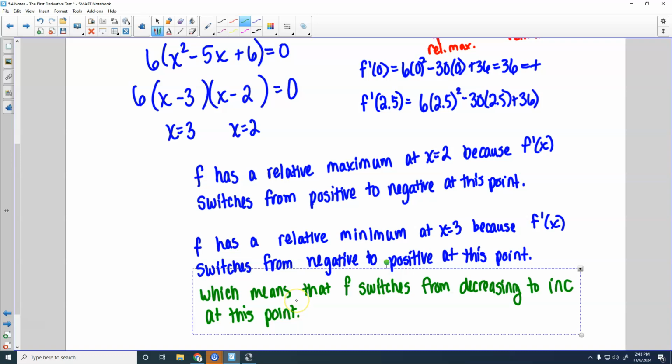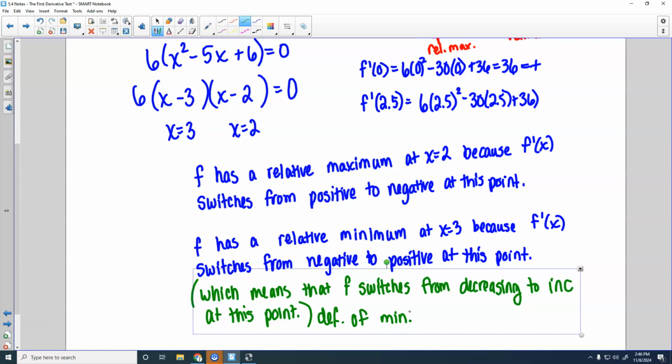What you cannot have is what I've got written in green alone. It is not enough to say it switches from decreasing to increasing, because that is our definition of a relative minimum. So that alone is not enough. If you add it in, it's fine.